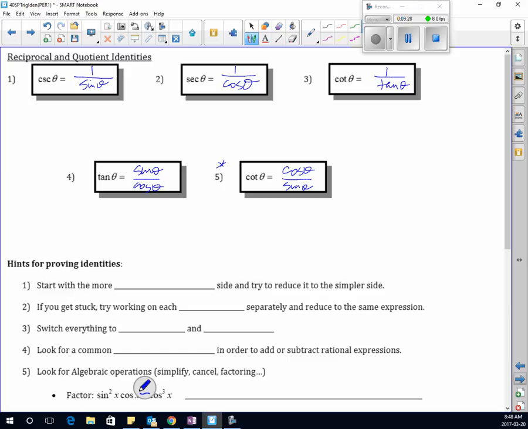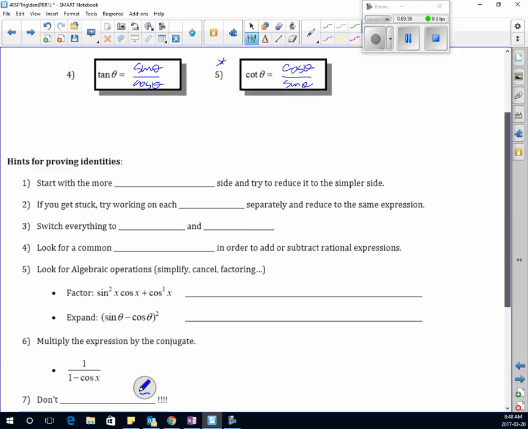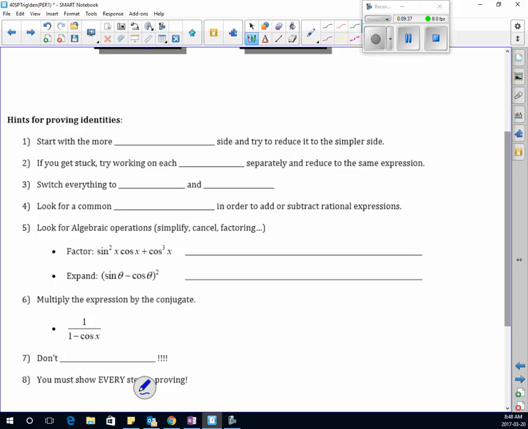And the reason why is a lot of our proofs, the whole point is to change everything to sines and cos. So when we start doing these proofs and you get stuck, have this hints for proving, because if you get stuck, part of this is problem solving.